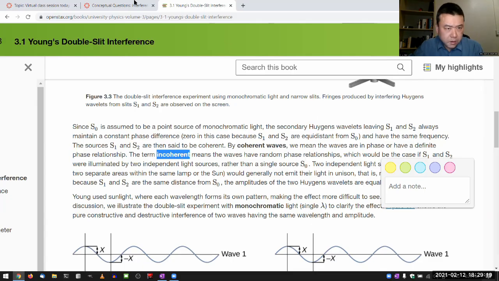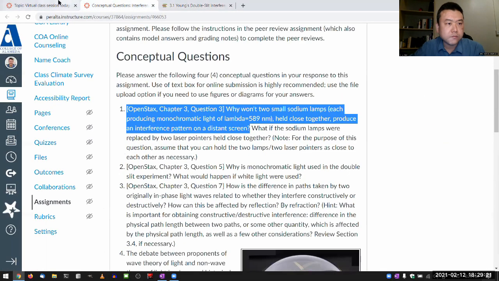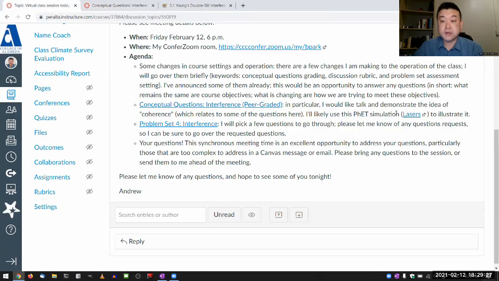So the demonstration that I thought would be useful for illustrating circumstances where you get coherence is a laser simulation, because coherence is a special feature of laser light. Most light sources in the world are not coherent.